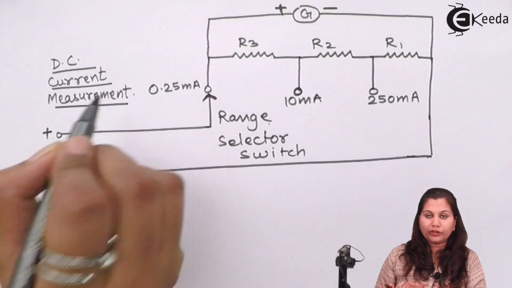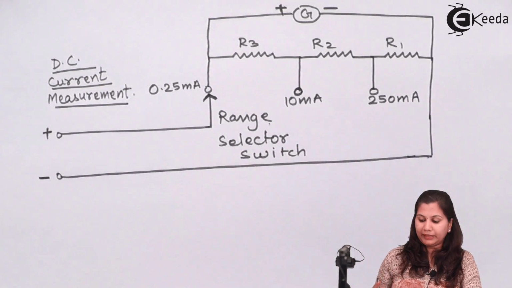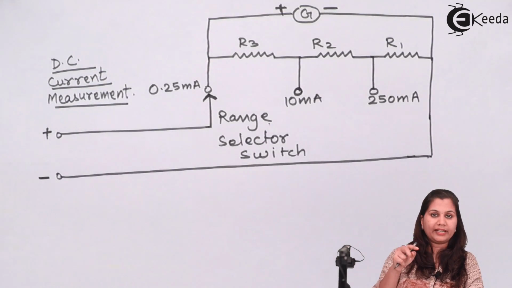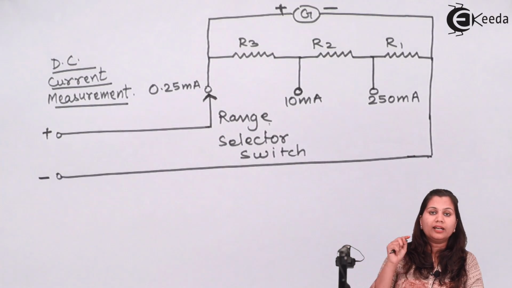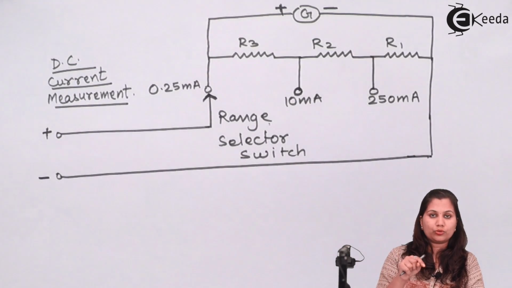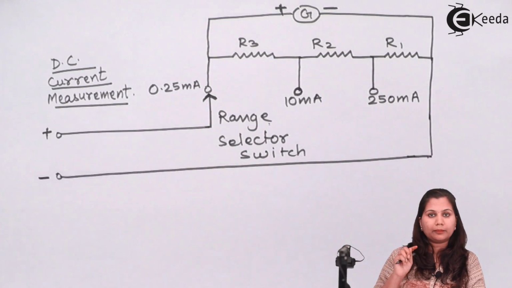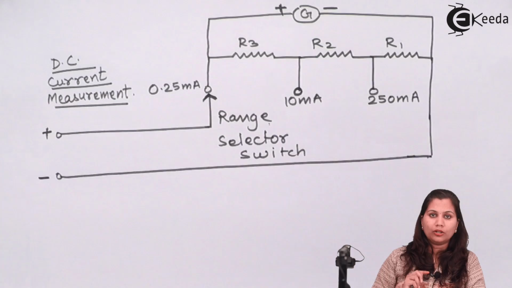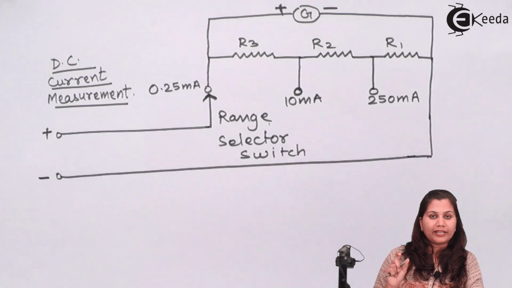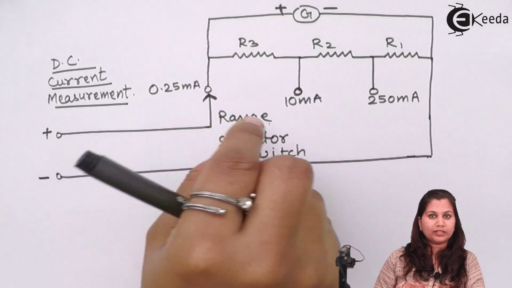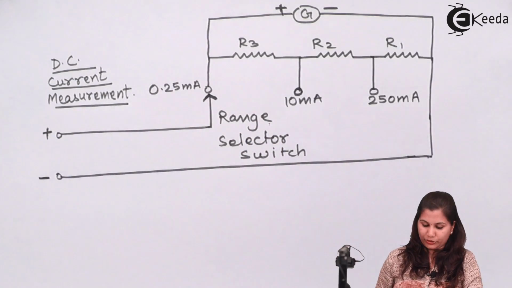Okay. So for DC current measurement, we will be having the two leads, the red and the black lead of the analog multimeter. Red lead is connected to the range selector switch, and the black lead is connected to the common point, and the range of the current which we want to measure can be selected with this range selector switch.